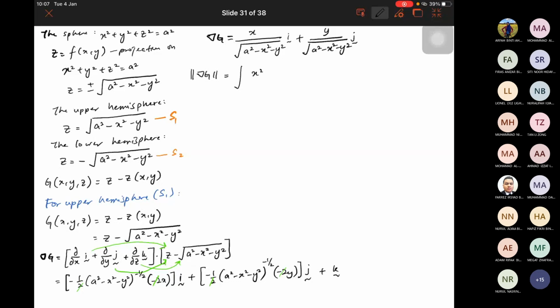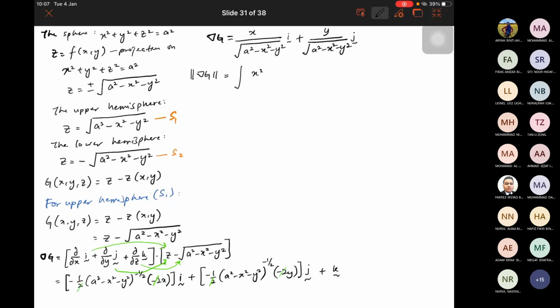Okay. So the flux, or the surface integral of F dot N dS, will equal the integration over the bounded region R of zk multiplied with vector N dS.